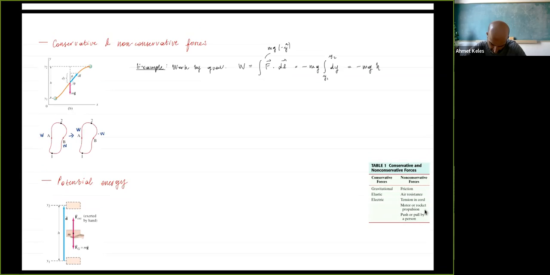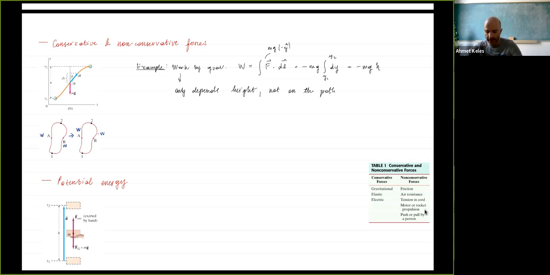Okay. So the key about this work done by gravity is that it only depends on the difference between the initial and the final positions, only on height. But it does not depend on the path.